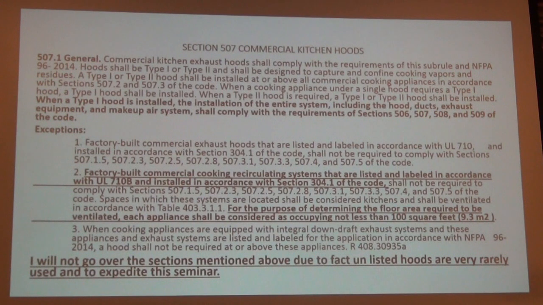So according to this section, you have to air condition the kitchen if you're going with that exception. And makeup air doesn't just talk about heat, it's just makeup air. You gotta keep that 10-degree differential.